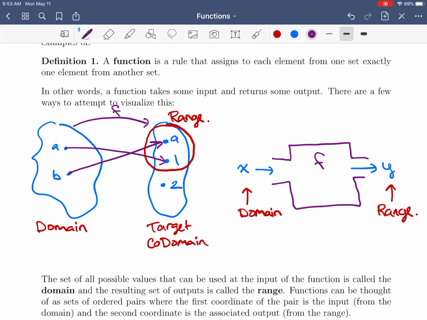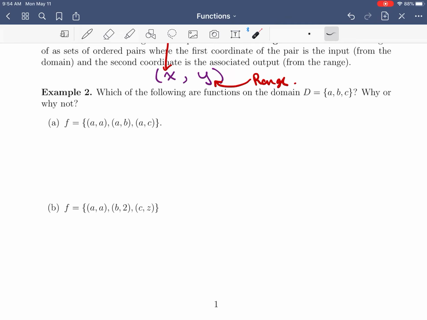This is what you're used to. So this is from the domain, and the y is from the range. We have these ordered pairs, so we can define a function using ordered pairs, and it will tell you what each element does. In the example below, which of the following are functions where our domain is the same for each? The domain is the letters A, B, and C.